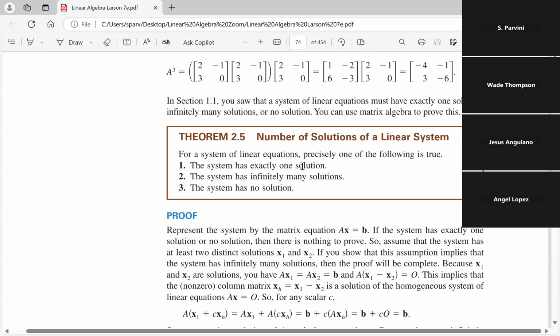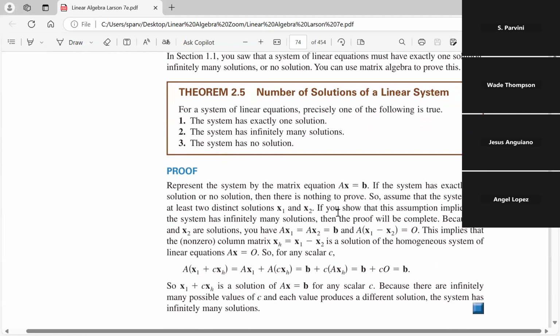In other words, the system is either consistent, has exactly one, or a dependent system that has infinitely many. A linear system will never have 5 solutions, never have 6 solutions. It's either one or infinitely many. There is no in between. And of course, there is a case where it may not have any solutions at all.